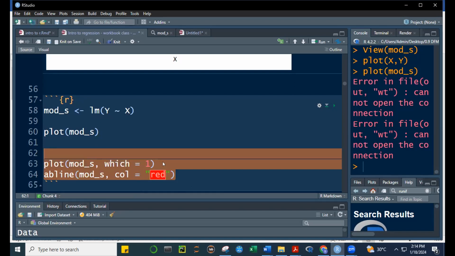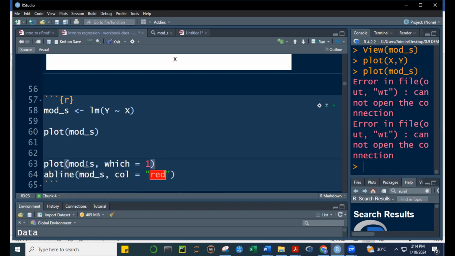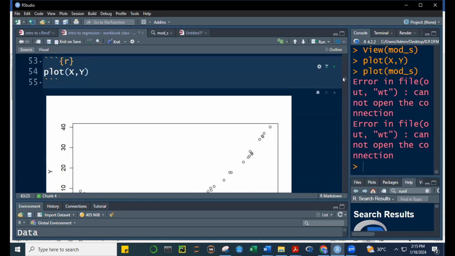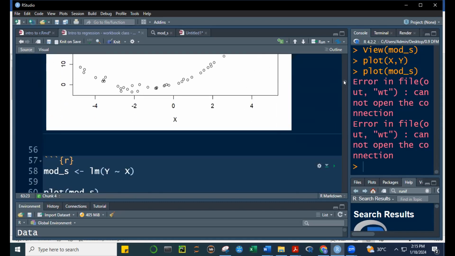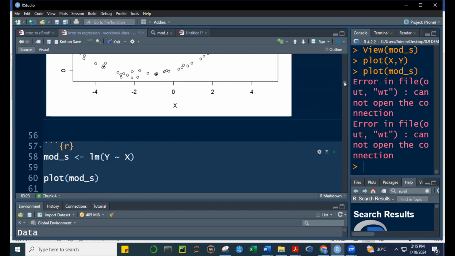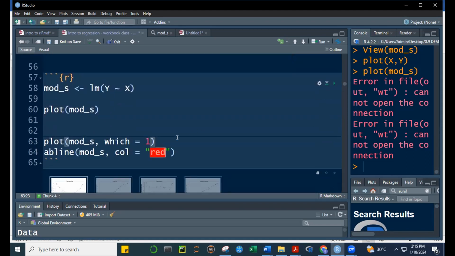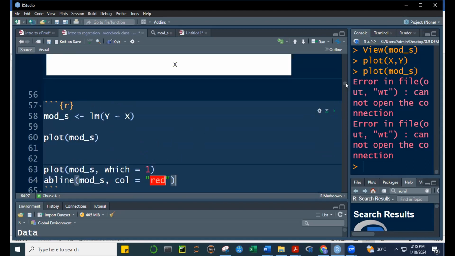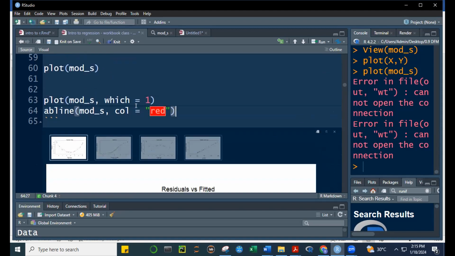I'm plotting again, class, yung model S. Di ba sabi natin si model S, yung regression output yan, there are actually 5 plots that you can generate out of that, residual plots. Kunin ko lang yung number 1. And then I'm going to plot the regression line, and I'm going to color it red. Okay, so let's run this, class, and see what happens.